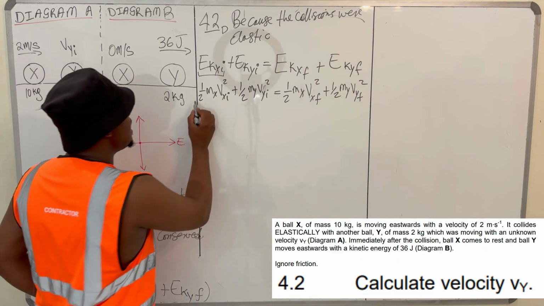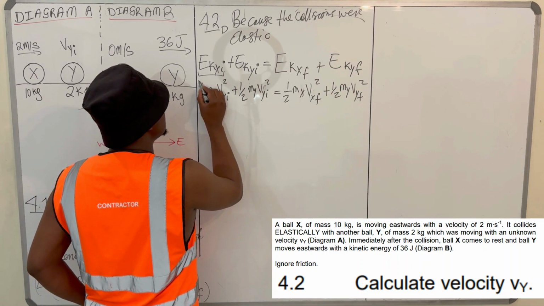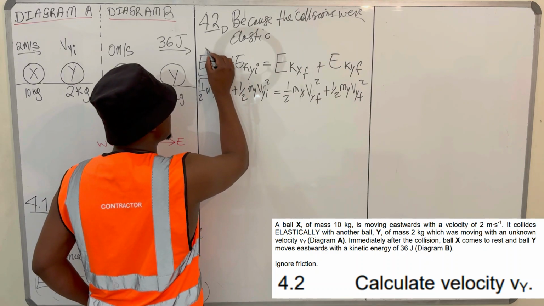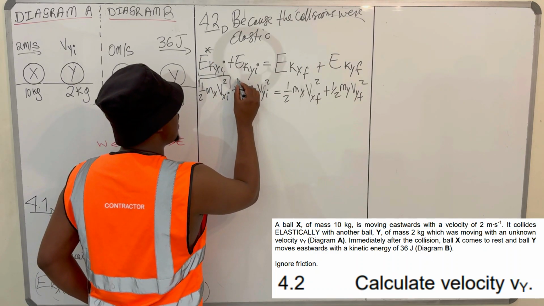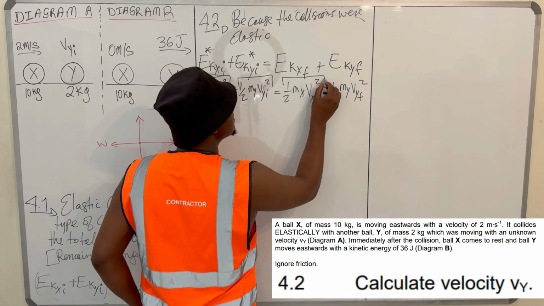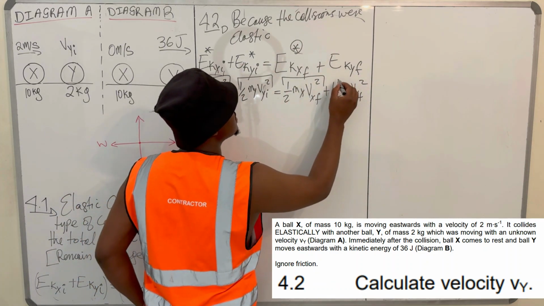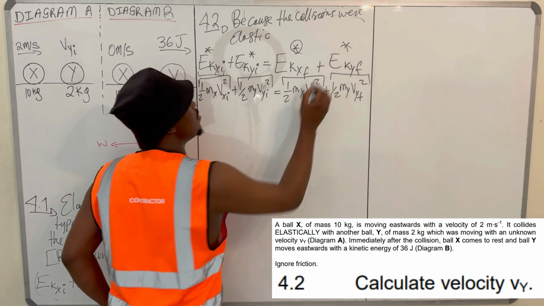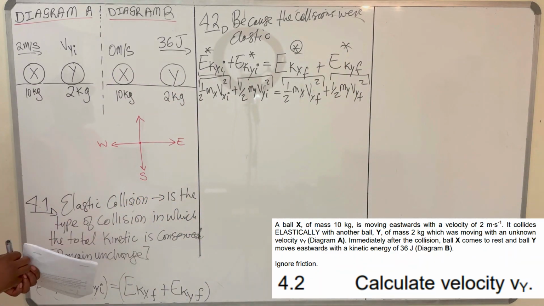Right? Because this here is the initial kinetic energy of X, this here is the initial kinetic energy of Y, this here the final kinetic energy of X, and this here the final kinetic energy of Y. That is what you have.